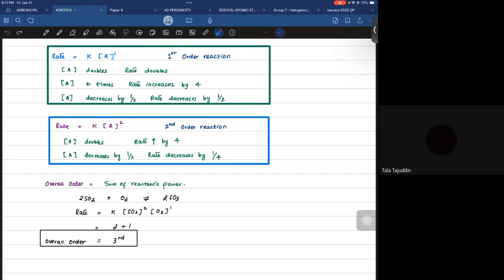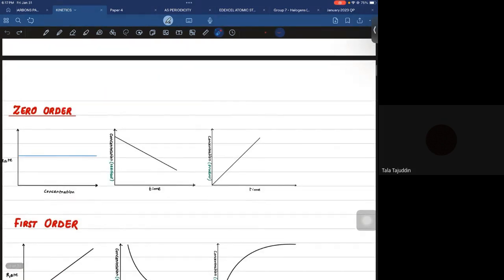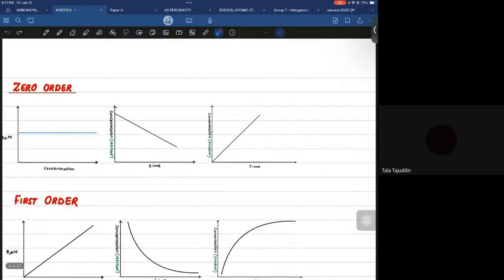Or you can say, if you can see, these are the graphs. Let's suppose for zero order, rate versus concentration. It means that you are going to change the concentration continuously. Look at this carefully.